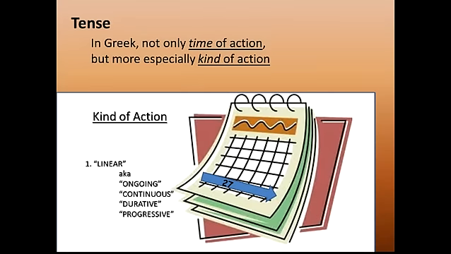All of these are words that are used to describe this linear action, action that may have been happening yesterday, may continue tomorrow, but as we, on the 27th day of the month today, consider this action, it is happening, it is ongoing. The present tense in Greek is characterized by this kind of action, linear action, also known as ongoing or continuous or durative or progressive.